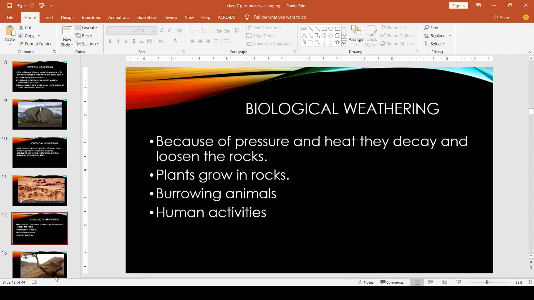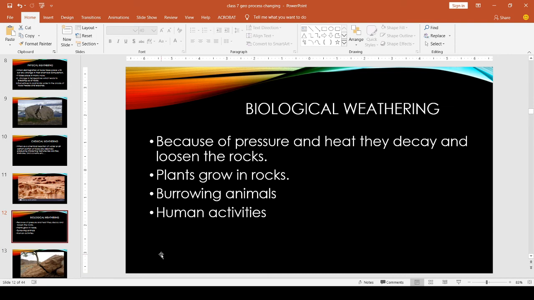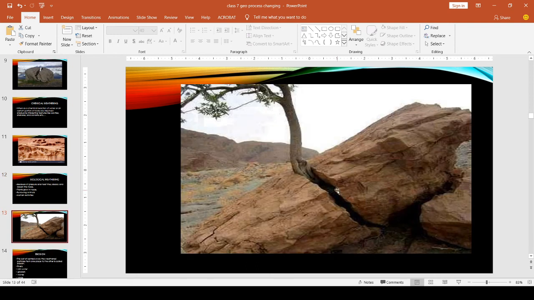Then next is biological weathering. What is biological weathering? We know animals and plants also play an important role in breaking of rocks, right? And because of pressure and heat, temperature, they decay the rocks. And plants also grow in rocks. See, in this picture we can see some seeds enter these cracks of the rocks, and after some years it becomes a tree.